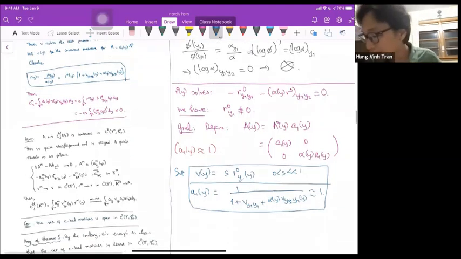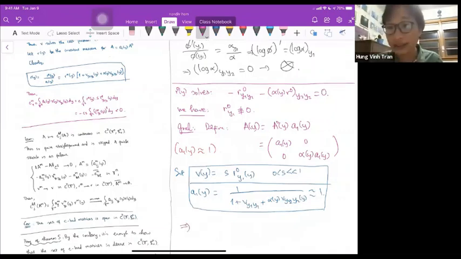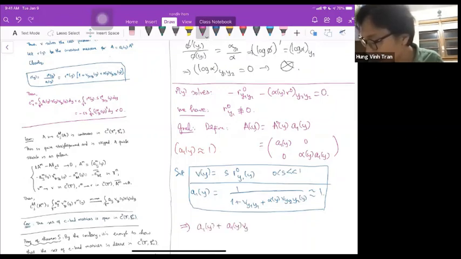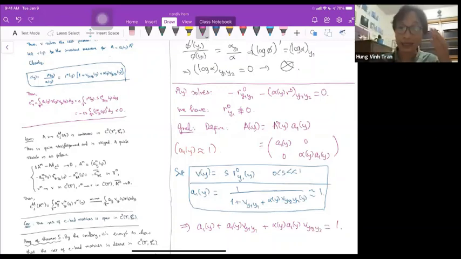If I define a1 to be like this, then multiplying everything by the denominator, I should have that a1 of y plus a1 of y v_y1 y1 plus alpha y a1 of y v_y2 y2 equals 1.